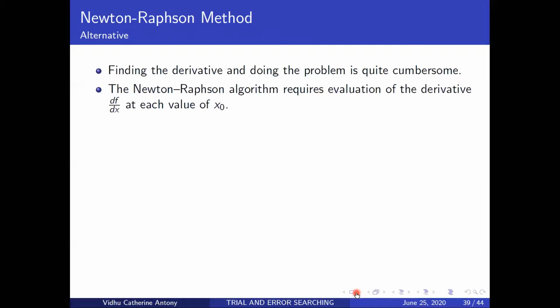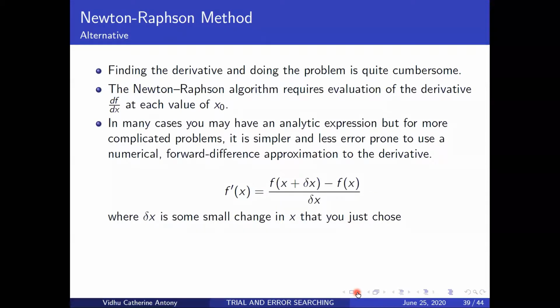Now there is an easy method to find the derivative. What is that easy method? You basically take the basic definition of your derivative. f prime of x is equal to f of x plus delta x minus f of x, divided by delta x. So your delta x is an infinitesimal value. You take a small increment in your delta x, but you have to be careful which delta x you choose.